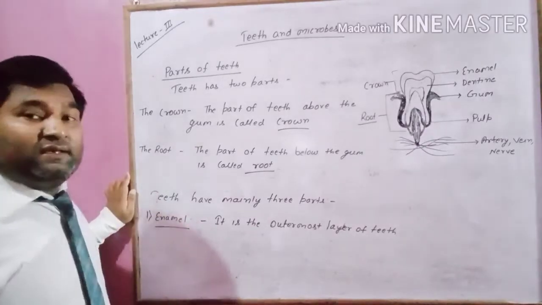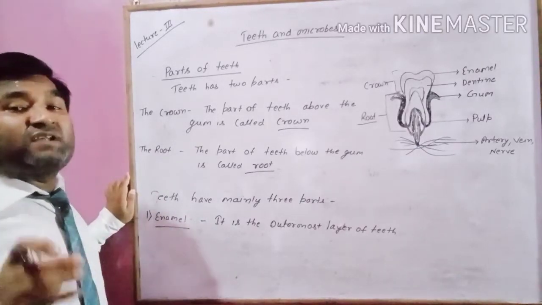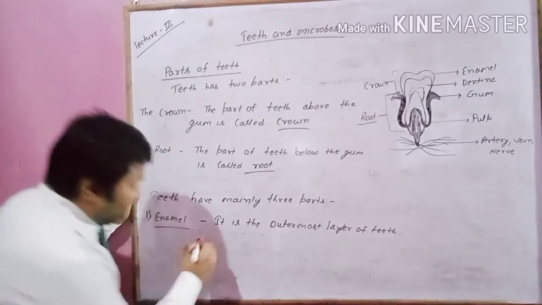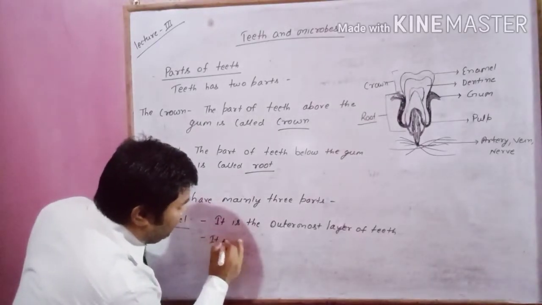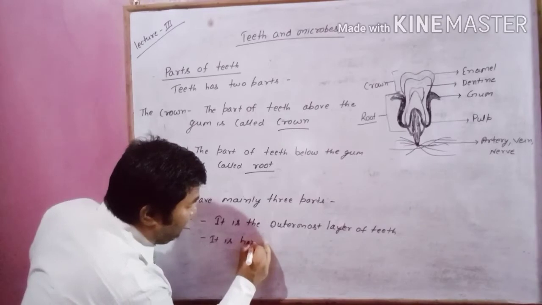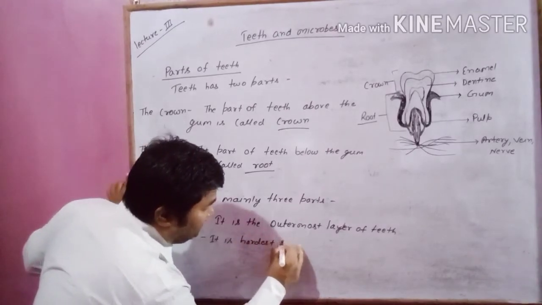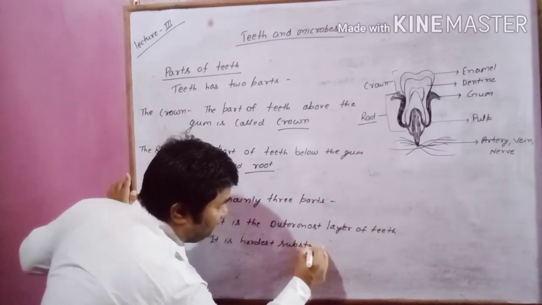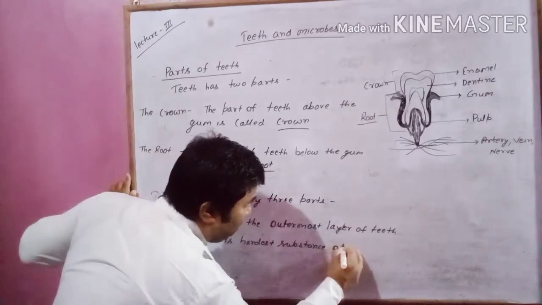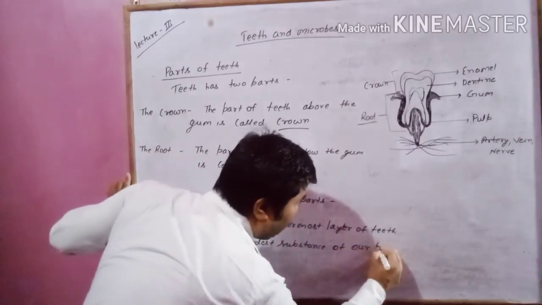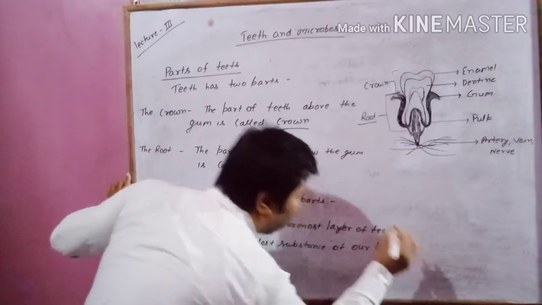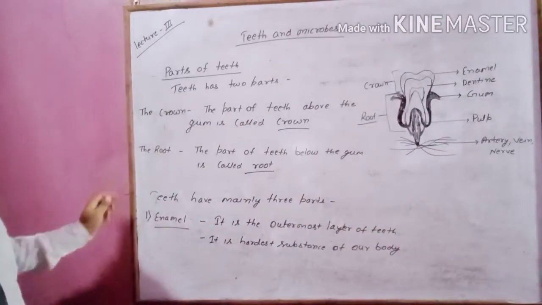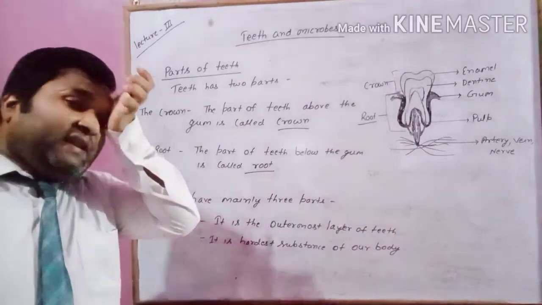Next, this enamel is the hardest substance of our body, right? And it protects against wear and tear.